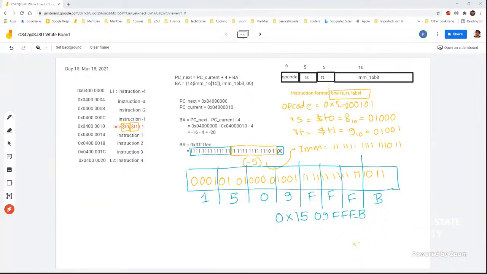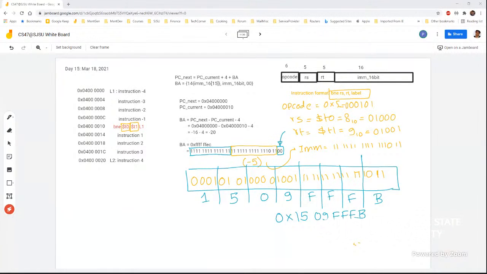Okay. Now let me give you a trick with mental calculation. We are always dropping these 2 zeros.